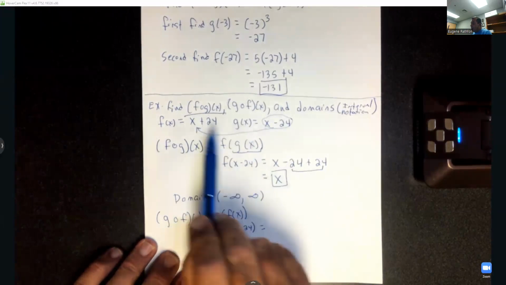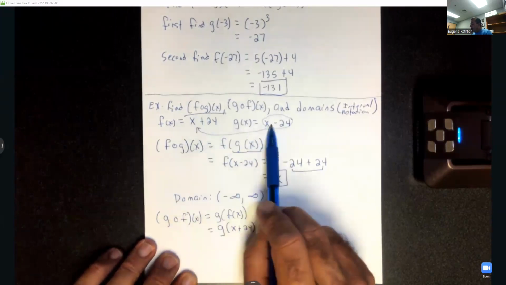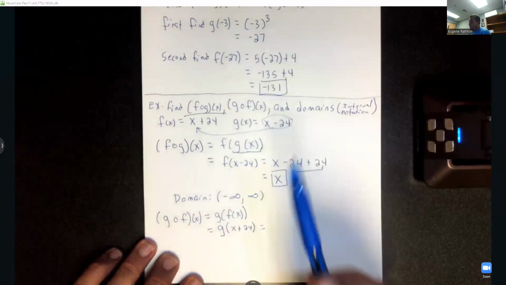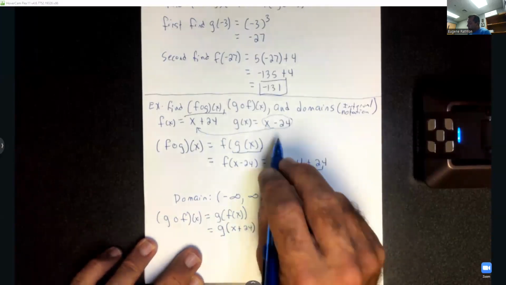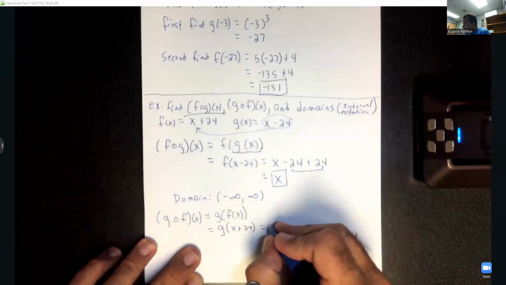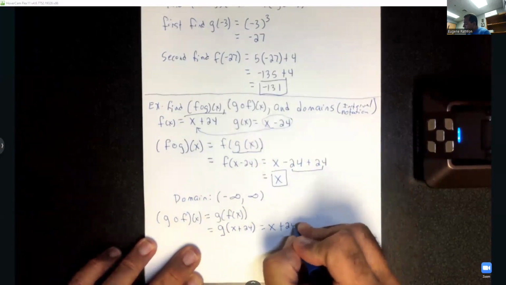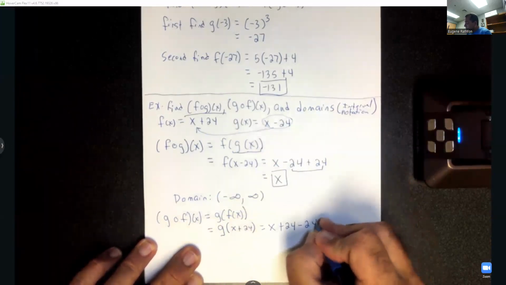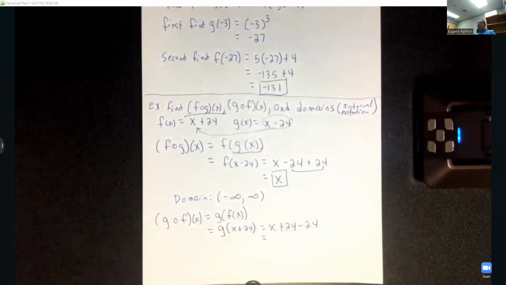I couldn't do nothing with the x plus 24, so that whole thing has to go into the x for the g equation. If I put x plus 24 in for that x, I get x plus 24, and then at the end is a minus 24. So y'all, what's that one simplify down to?